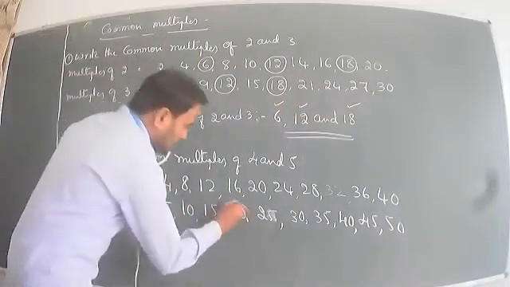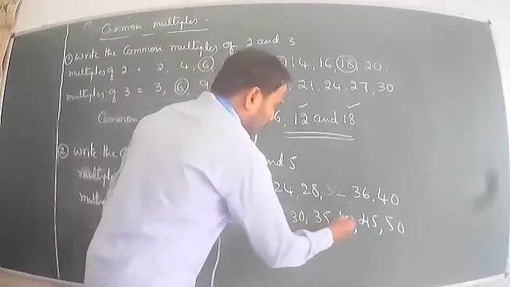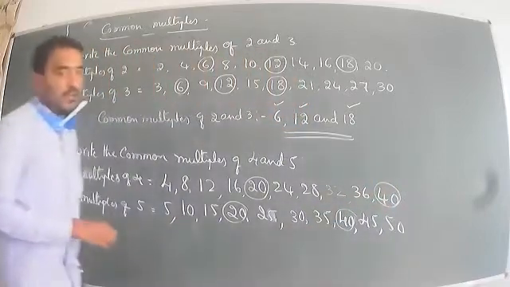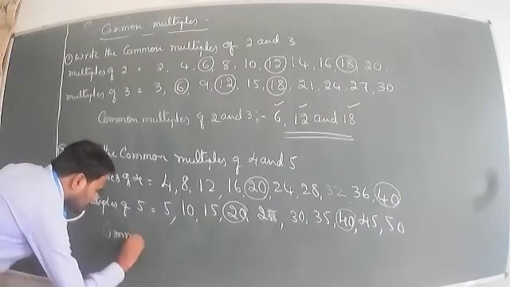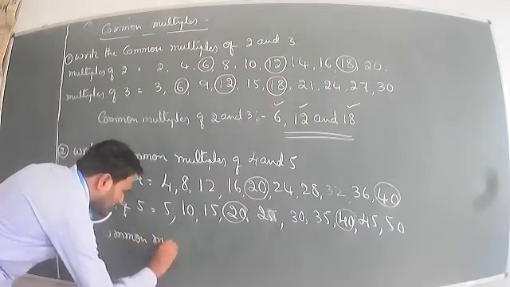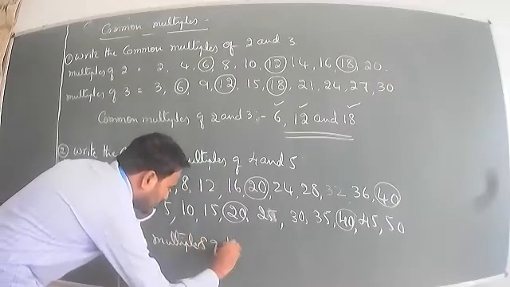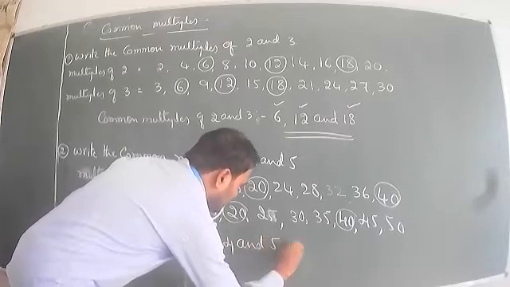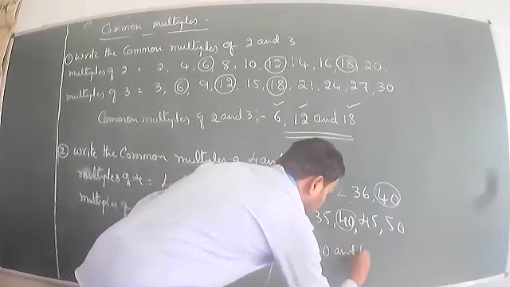Here 20, here 20. Next, here 40, here 40. Write the common multiples of 4 and 5: 20 and 40.